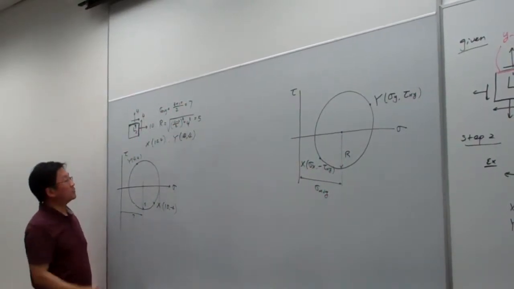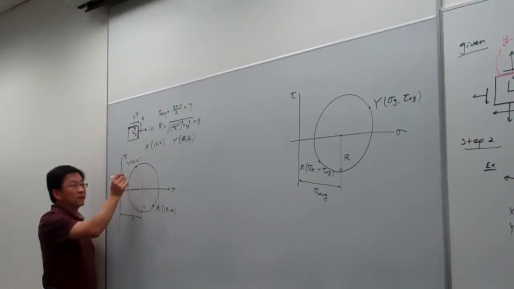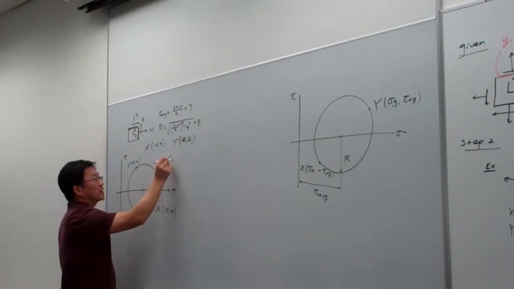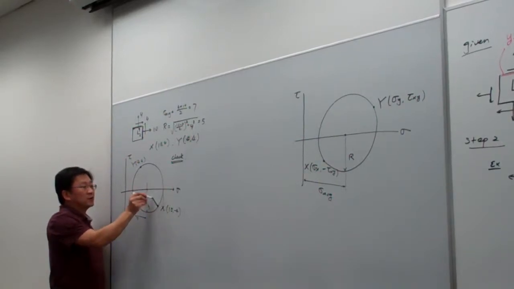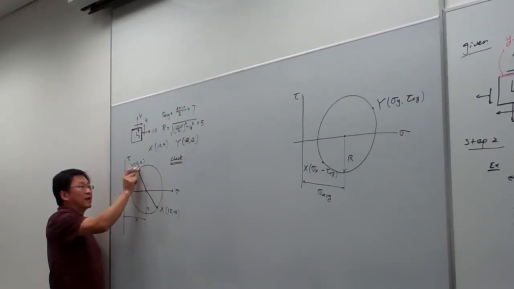Okay. So once you have labeled, if you label correctly, here is the check. The 2 points linking together must form a diameter.